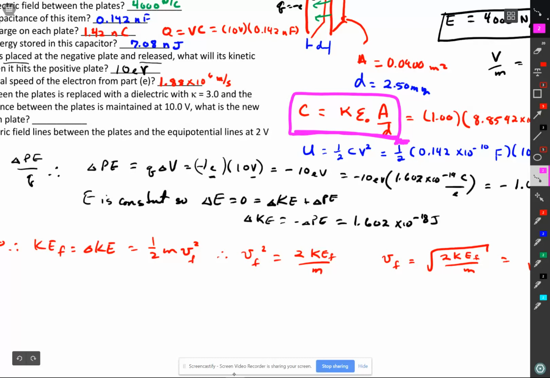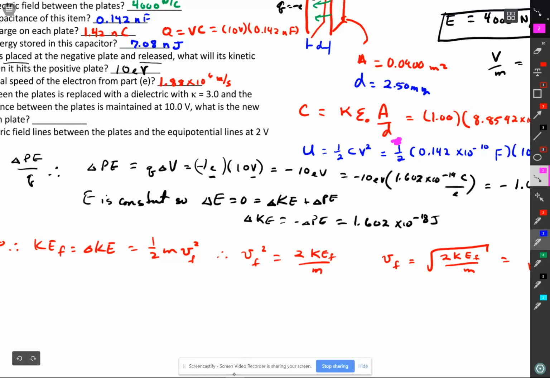Kappa is going to give us the correction for any other material. So if kappa is equal to 3, then it's going to be 3 times harder to pass charge through the space, because it's not free space anymore. So that means my capacitance will be 3 times bigger.